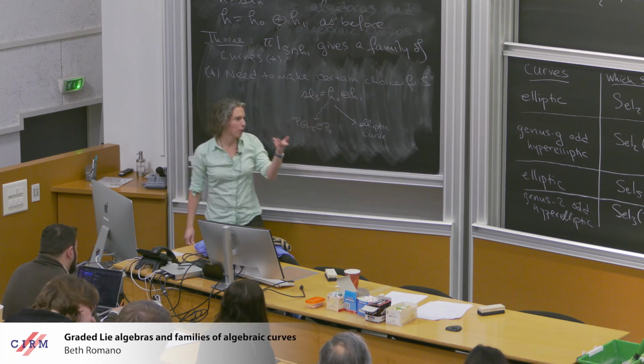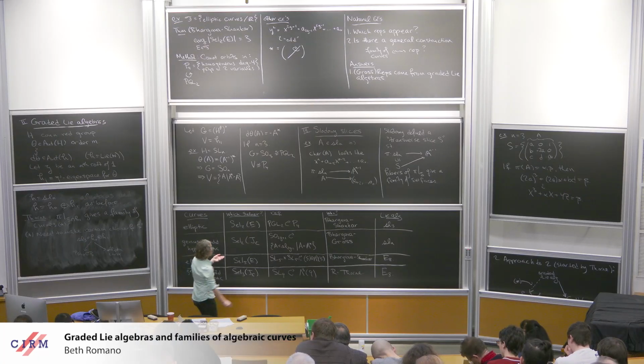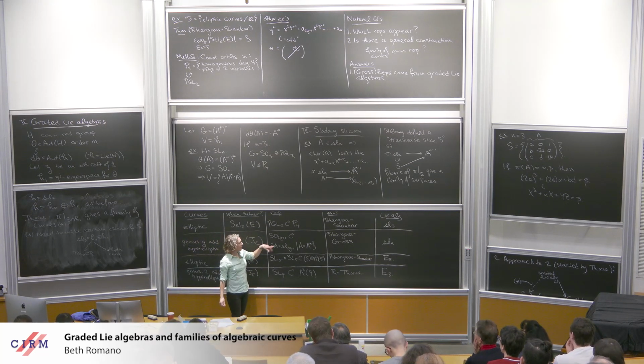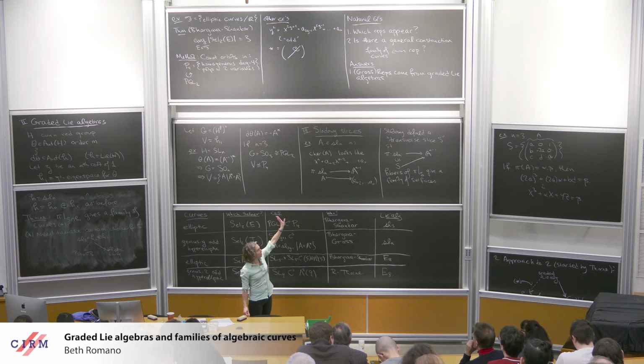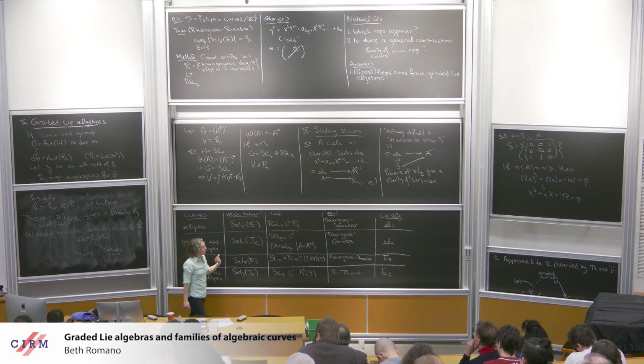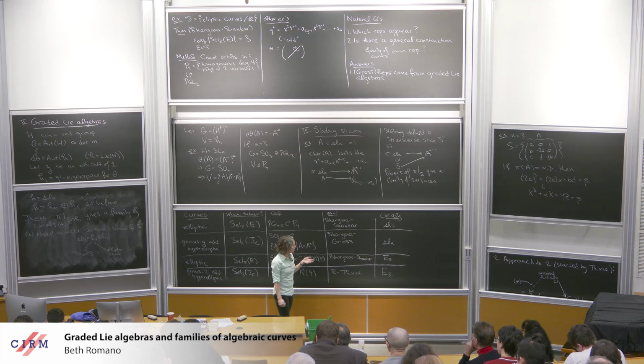And if you do Thorne's construction, I can put this there, starting with just SLn instead, right? So using this setup, you get these curves studied by Bhargava and Gross. So we obtain the things that we already knew were there, but we get additional things that hadn't been looked at before.